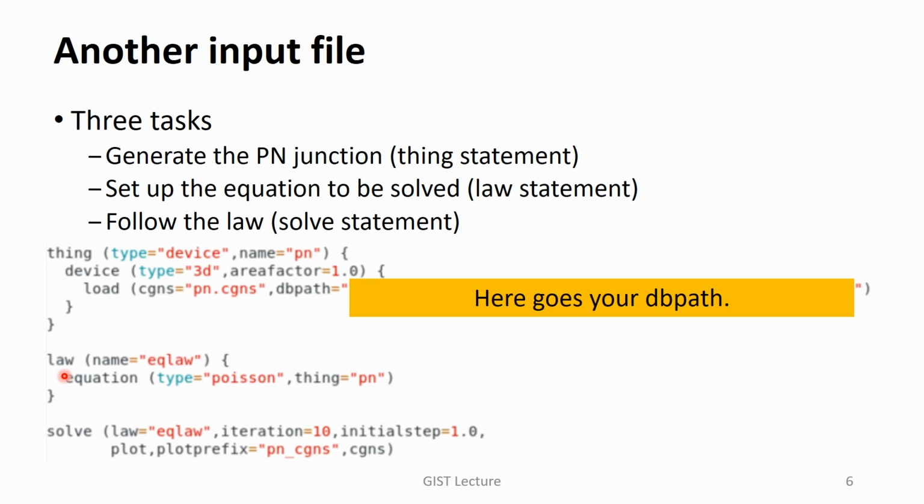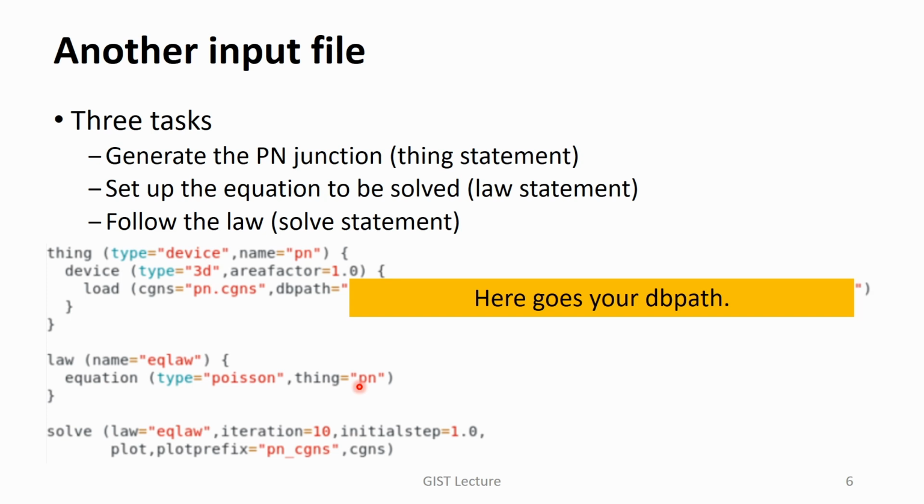In this simple example, we will solve only one equation, the nonlinear Poisson equation. Its type is Poisson, and the target is our 3-dimensional p-n junction just loaded above. In general, we may make several laws.